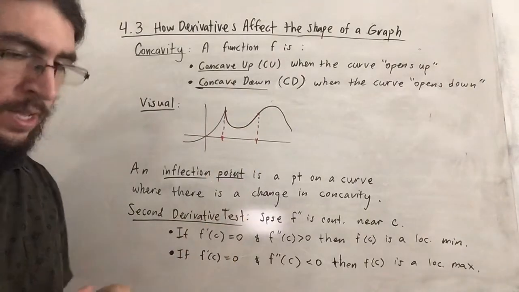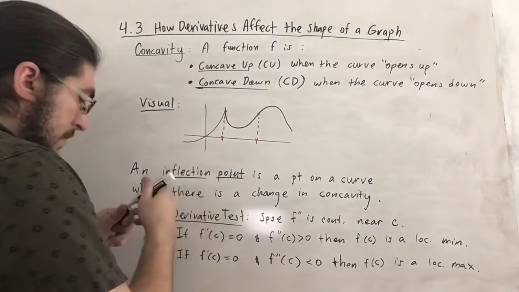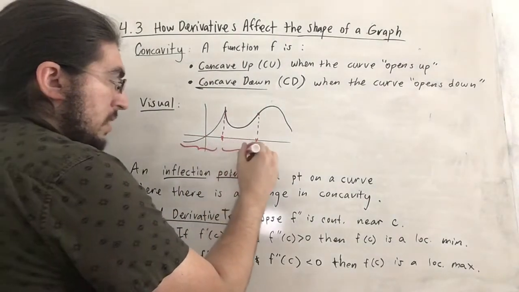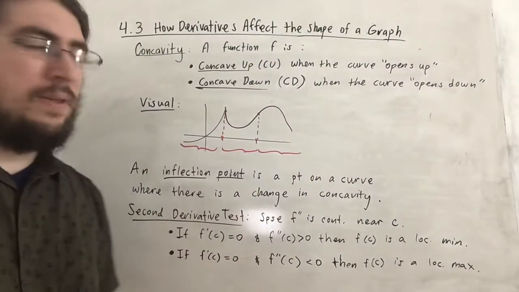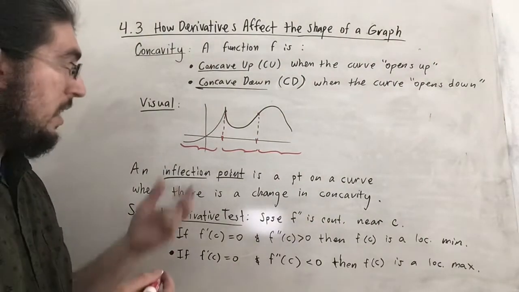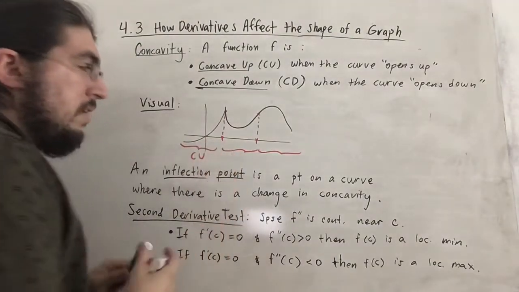Okay, so now there are, let me do it in red, three intervals that I've created. This first one, this second one, and this third one. And I'm trying to be a little tricky here, but maybe I'm not actually being tricky, who knows. So here, the graph is opening up. So this is concave up, I'll write CU for concave up.